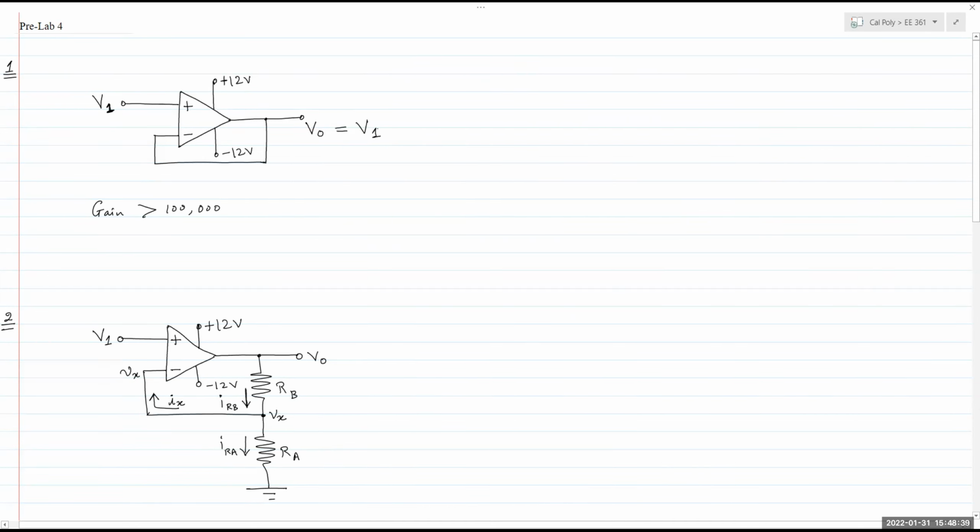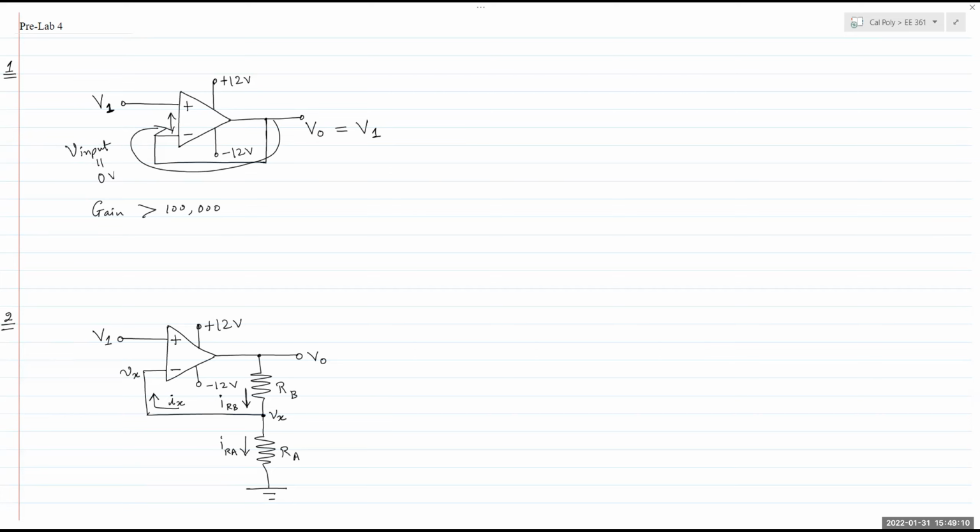Now, the gain of the circuit is 1 because when V out is given back as negative feedback right here, the difference between the two is equal to 0, meaning the total input voltage goes to 0. The difference between the two inputs is 0, and the op amp actually amplifies that difference.